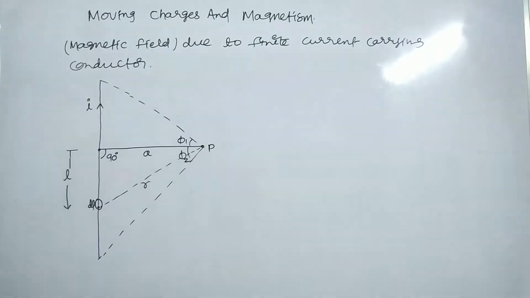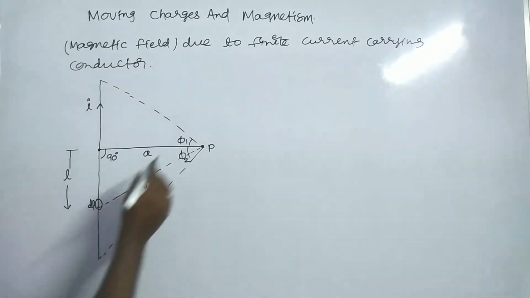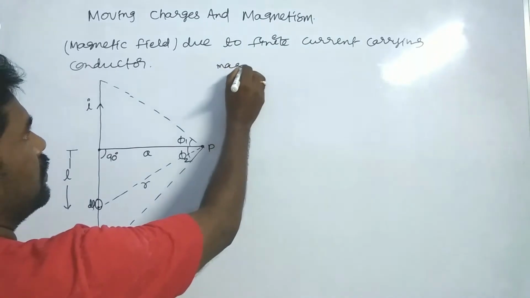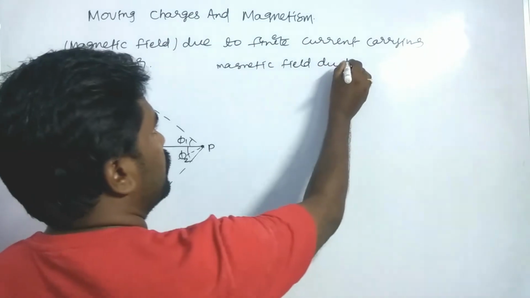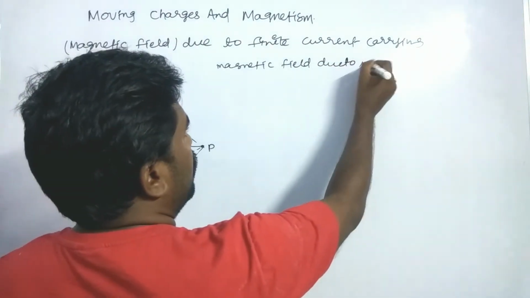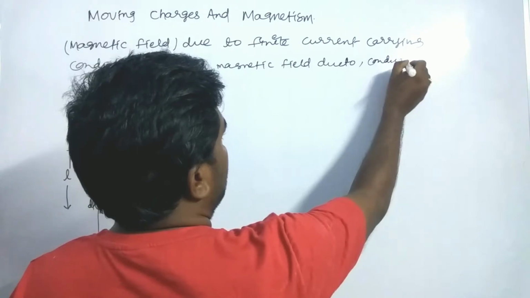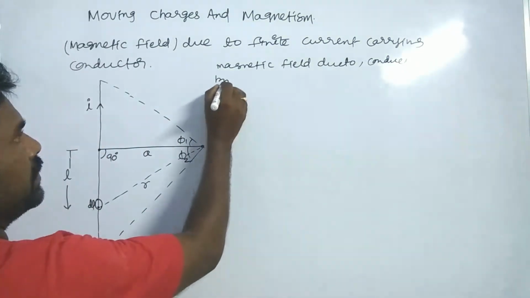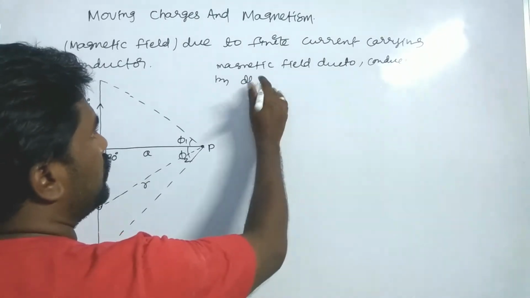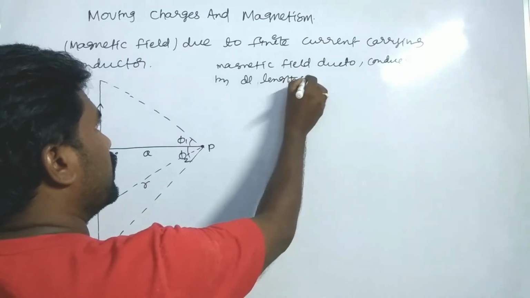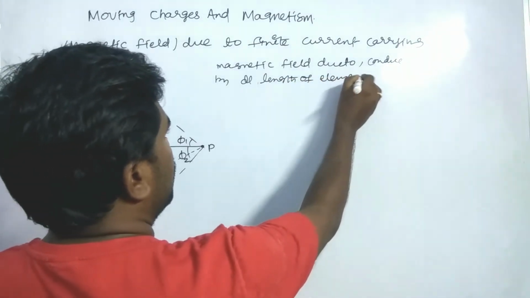So we need to find the magnetic field due to the finite current carrying conductor by the dl length element.